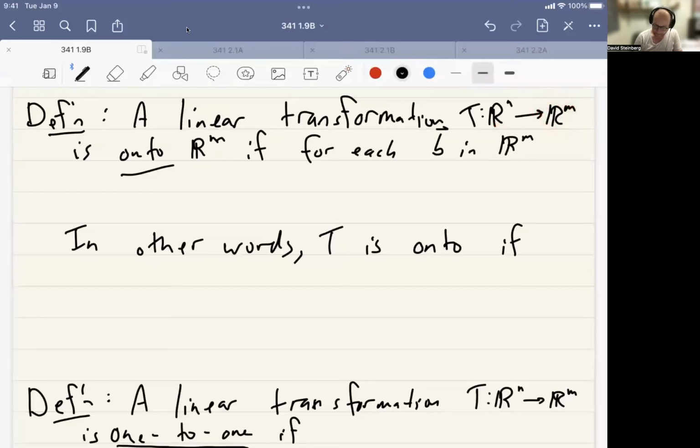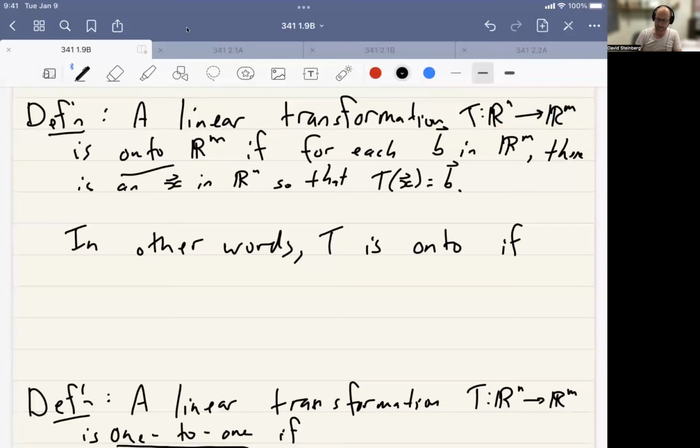So for each B in Rm, there is an X in Rn, so that T of X is equal to B.